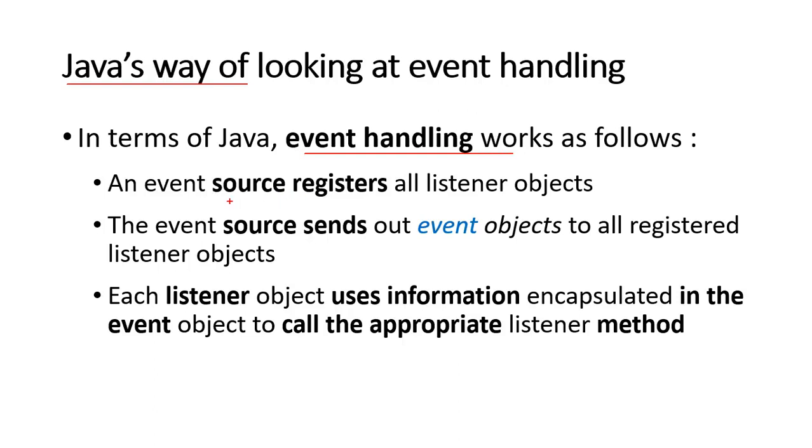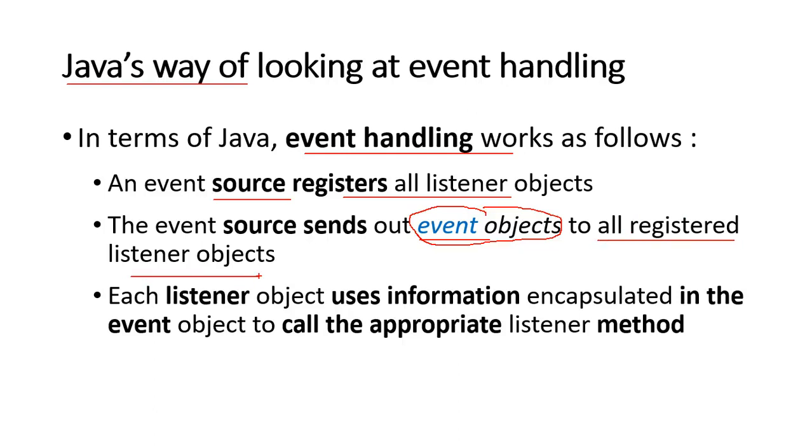First, we need a source which must register all the listener objects that are interested in a particular type of event. When that event occurs, the source must create an event object and deliver this event object to all the registered listeners.